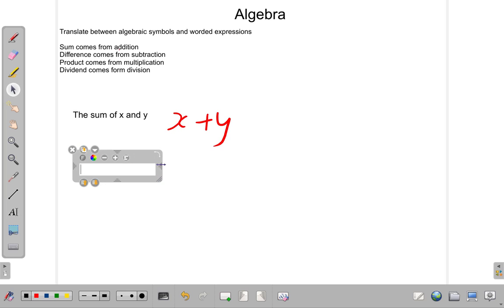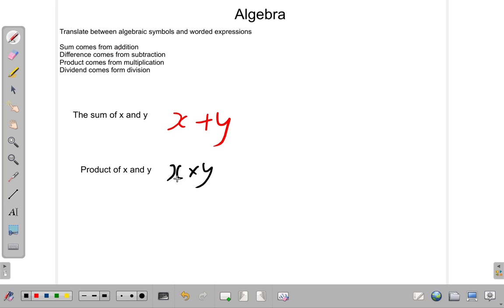Another one shouldn't be too difficult. If I say I want the product of x and y, as you would have seen from up here, it is x multiplied by y. But when you're multiplying two letters, you usually don't bother to put the multiplication sign.